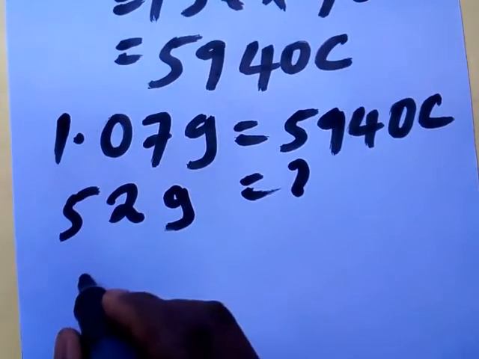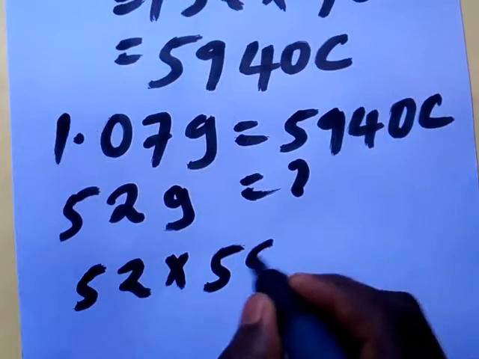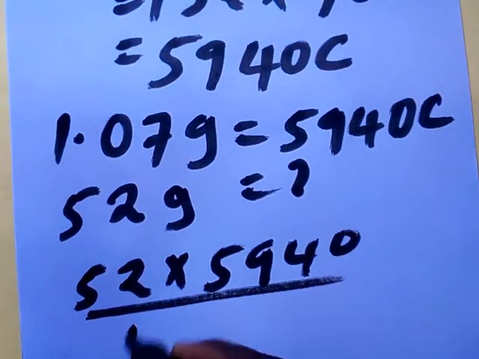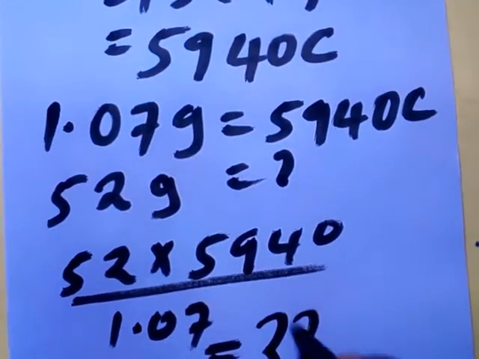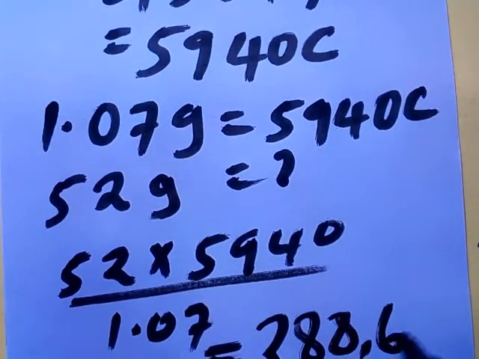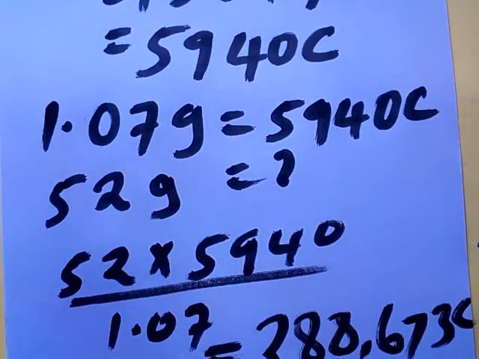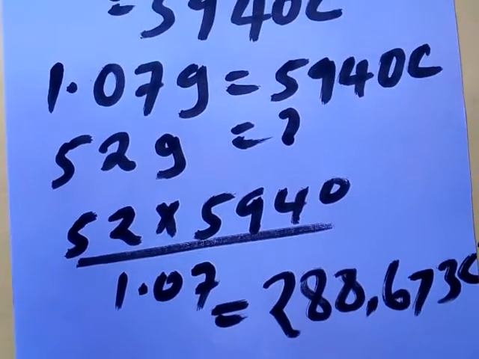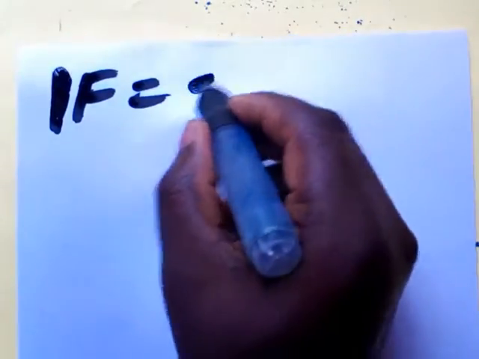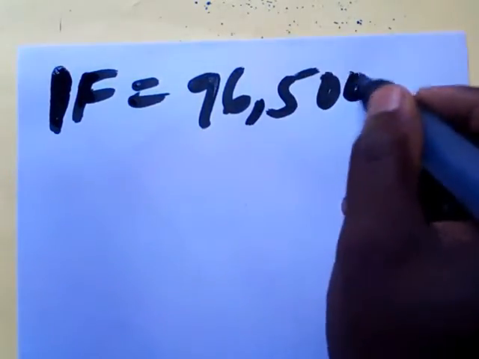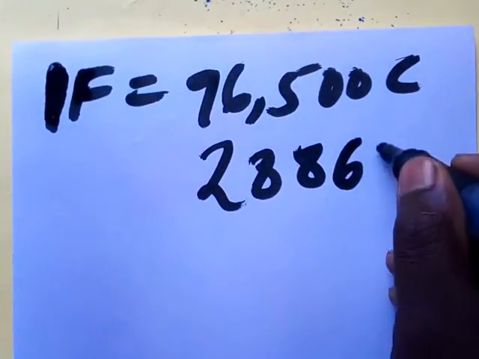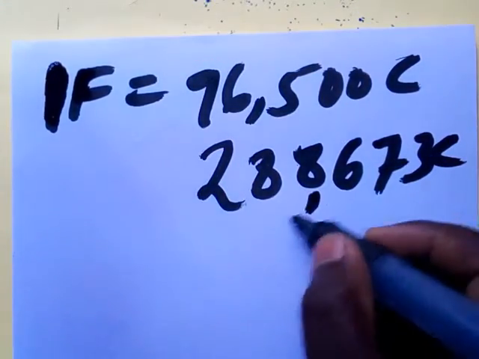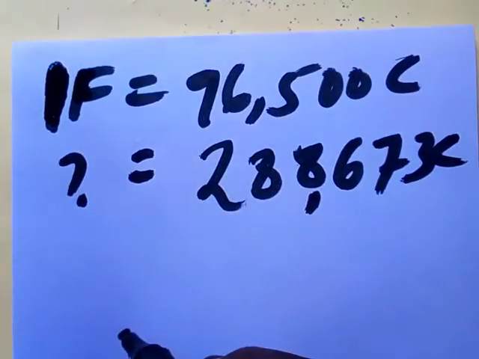So it is 52 times 5940 divided by 1.07, and it's going to give us 288,673 coulombs. Yes. 1 Faraday equals 96,500 coulombs. So we will ask, 288,673 coulombs will contain how many Faraday?